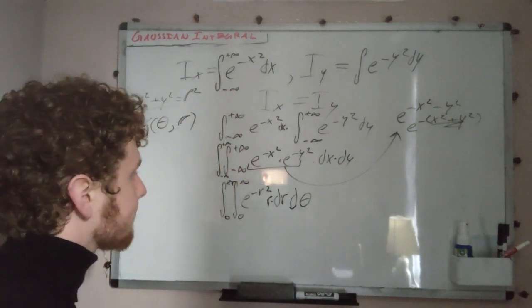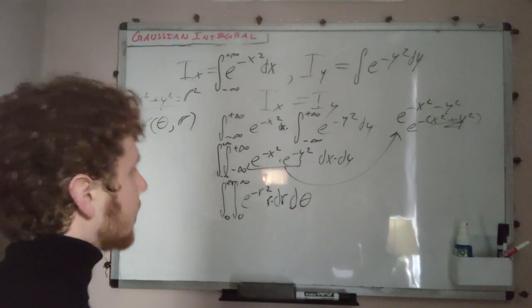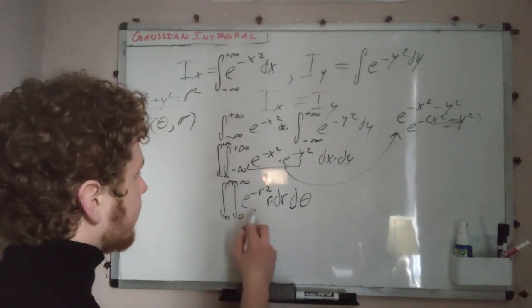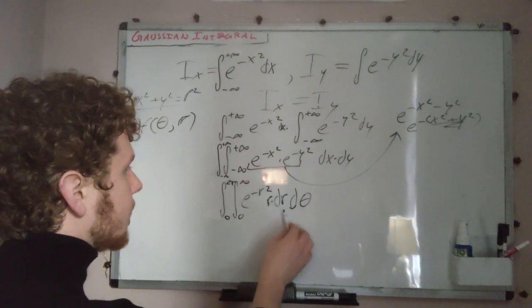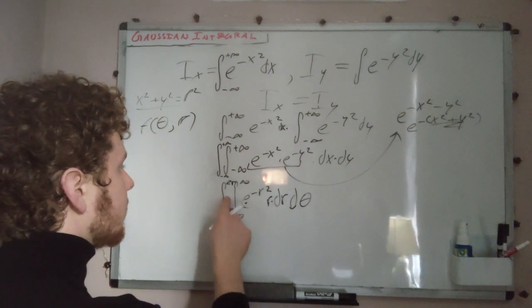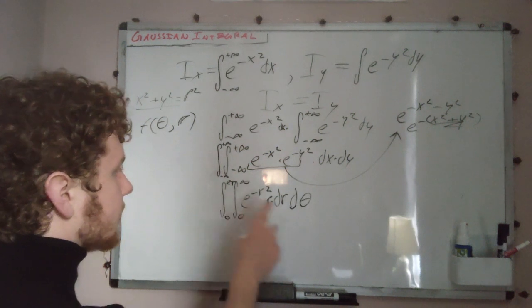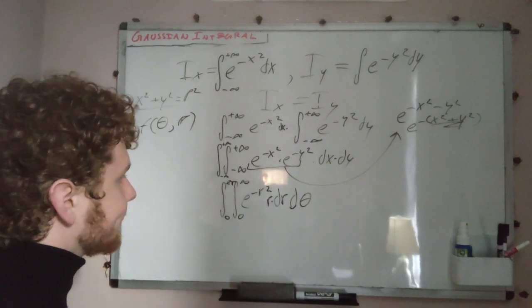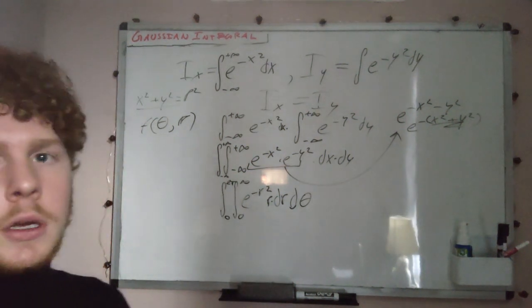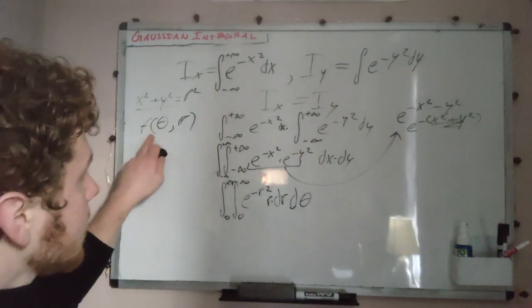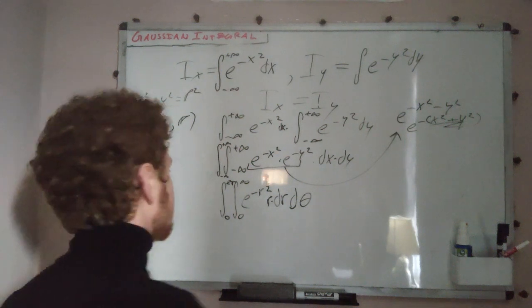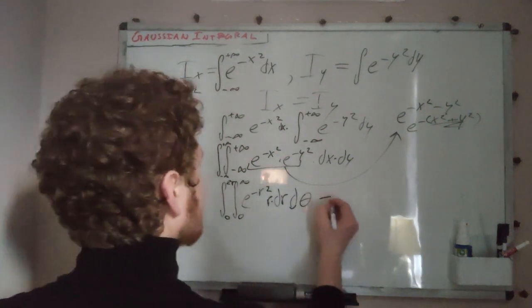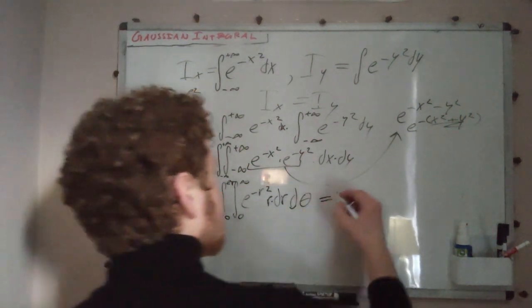Anyway, so we now have this, but something to think about is nothing in here is necessarily in terms of theta. So I can bring the d theta out here, because r isn't in terms of theta. The function is in terms of theta and r, but r is not in terms of theta. So, just going to write over here, it's running out of space.